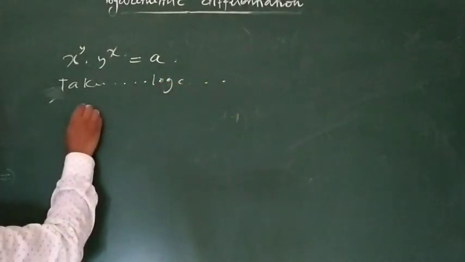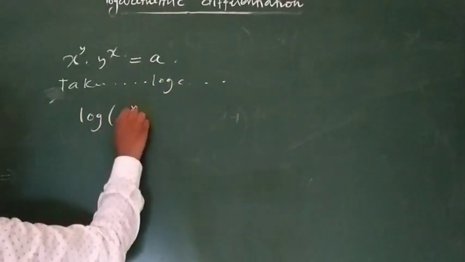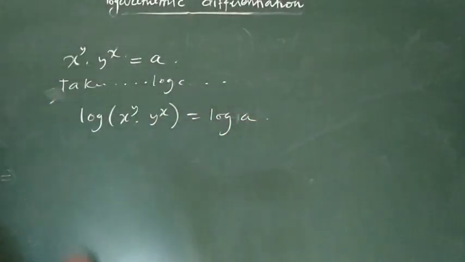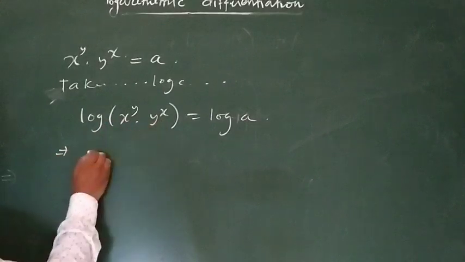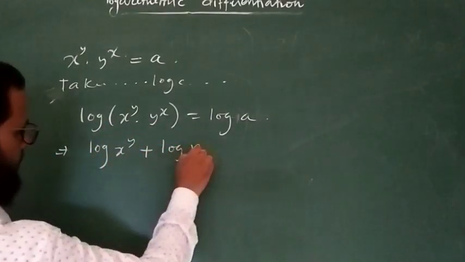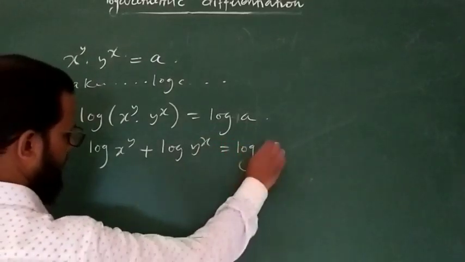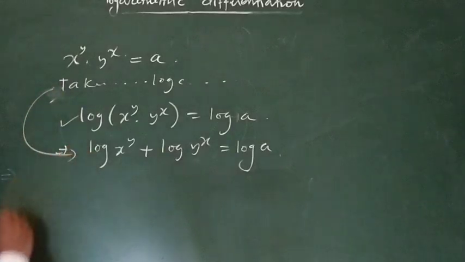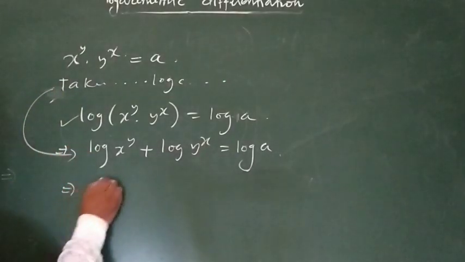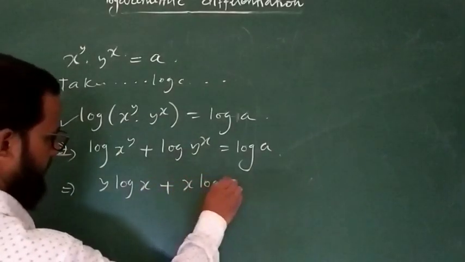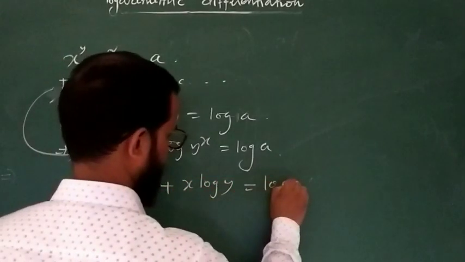You will get log of x to the power y into y to the power x is equal to log a, and if you use the product rule log ab, then it will be log x to the power y plus log y to the power x is equal to log a. Okay, this step is not required, after taking logarithm you can directly write it, then it will be y log x plus x log y equal to log a.